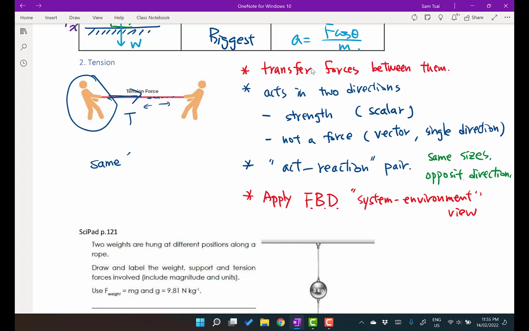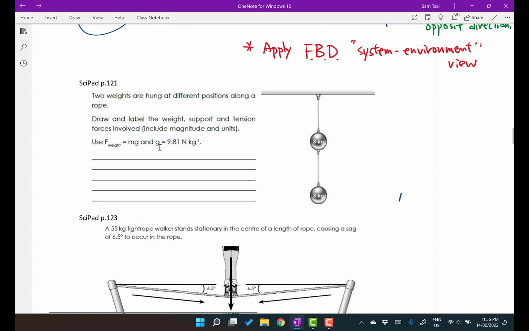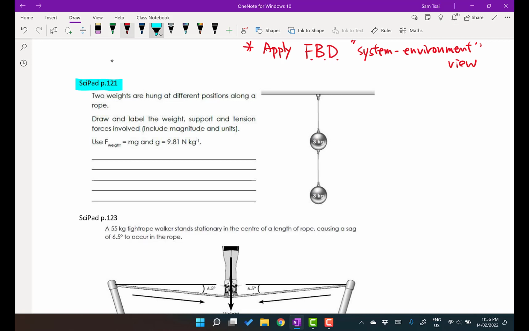Okay, the same strength. And let's conclude the concept of tension. Let's use two examples to talk about the tension. First, there's this one in SciPad, page 121. As you can see, we have a ceiling and we have two weights.